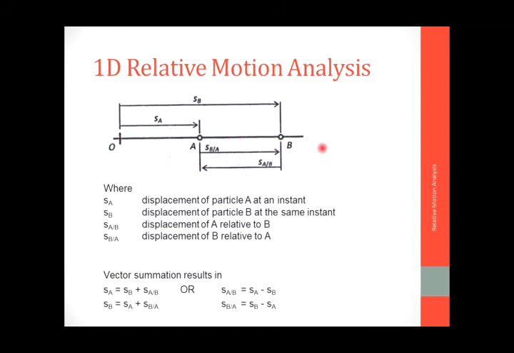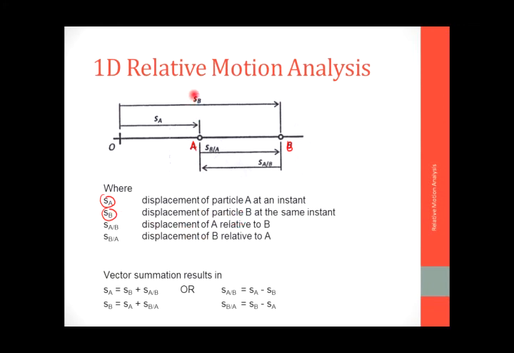For the one-dimensional RMA, for example, we have linear motion like this. So we have particles A and B. The displacement of particle A at an instant is SA, and SB is the displacement of particle B at the same instant.